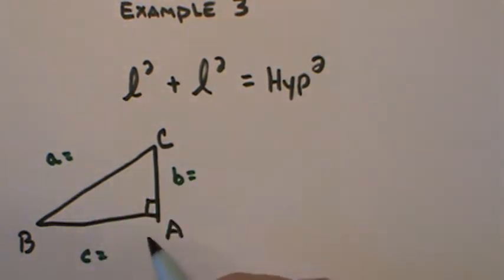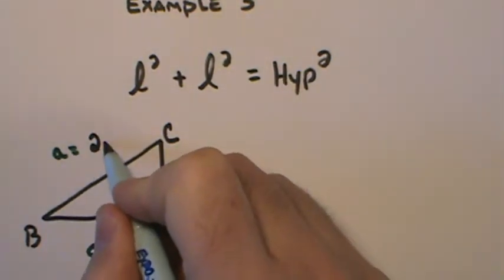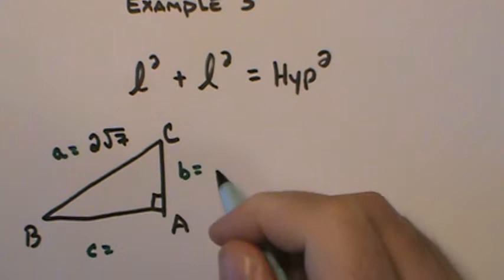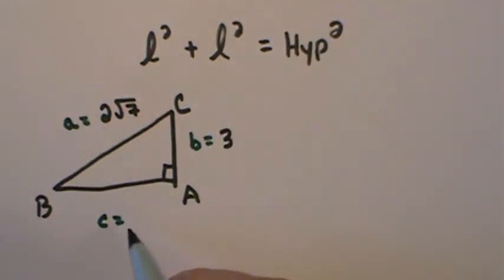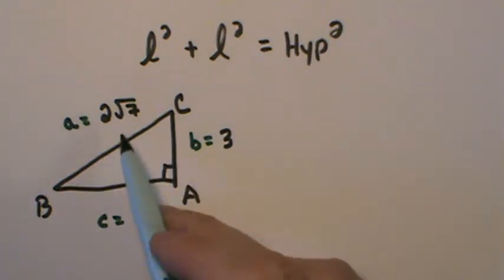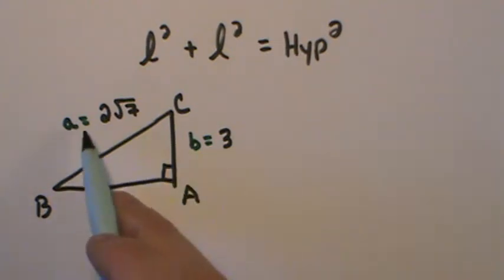Now, if I have values here, maybe I call this 2 rad 7 and call this 3, and I want to find the value of C. Nothing changes when I use a radical. I just have to look at what I am given in this triangle. I have a leg and a hypotenuse.